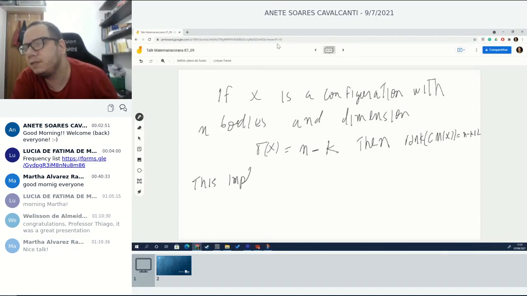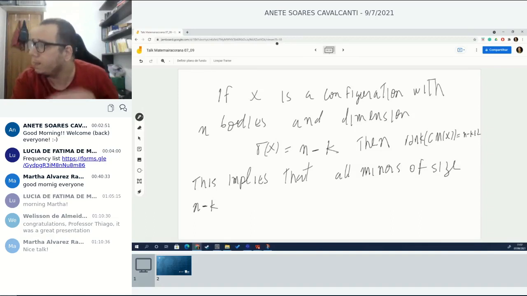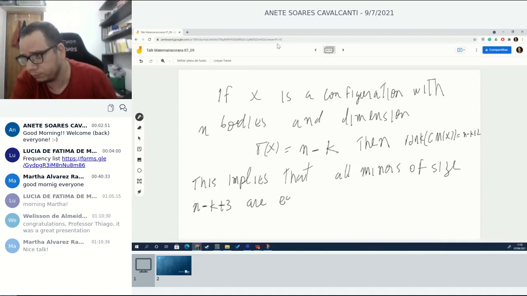This implies that all minors of size n minus k plus 3 are equal to 0.